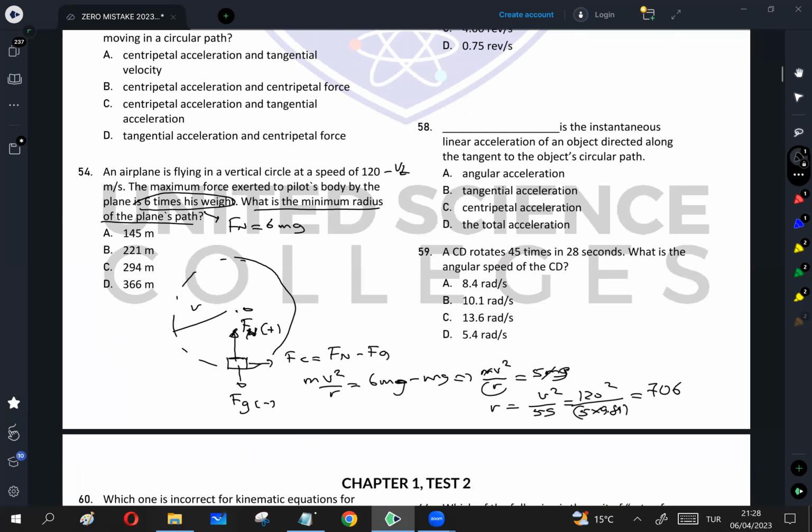Sorry, what's r equal to? 706. Where did I get this? m v squared over r equals 6 mg minus mg, which is 5 mg. The m's will simplify. So r is going to be v squared over 5g.